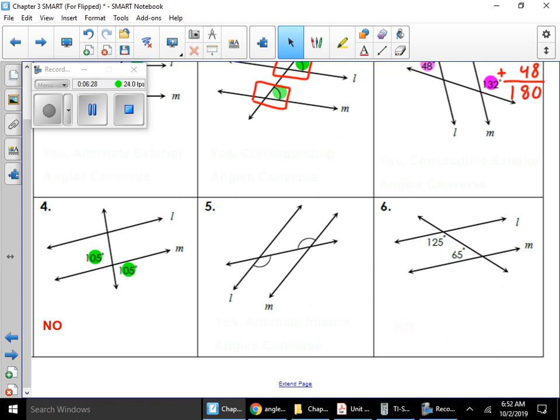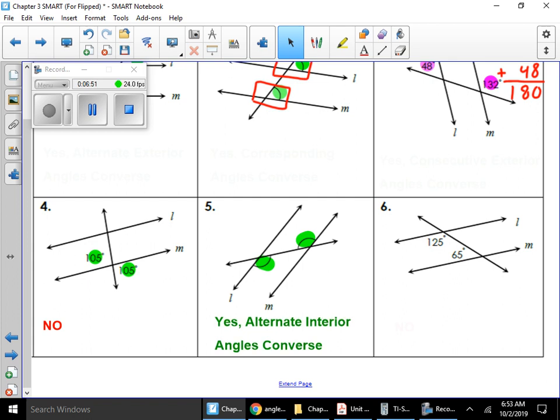Taking a look at 5. In 5 here, we've got those two tick marks, again showing us that those angles are congruent. As far as what kind of angle pair we have, well, they're on opposite sides of the transversal, in between the parallel lines. So that is alternate interior angles, and this is the converse we're looking at here.